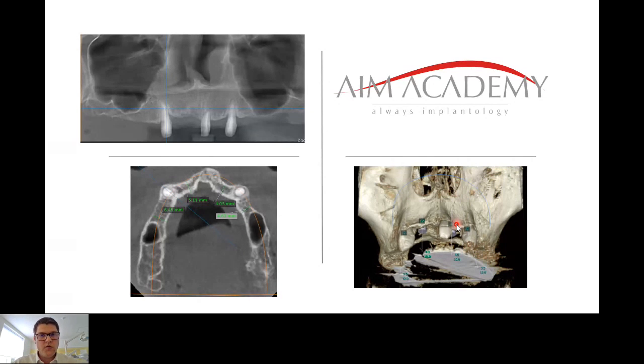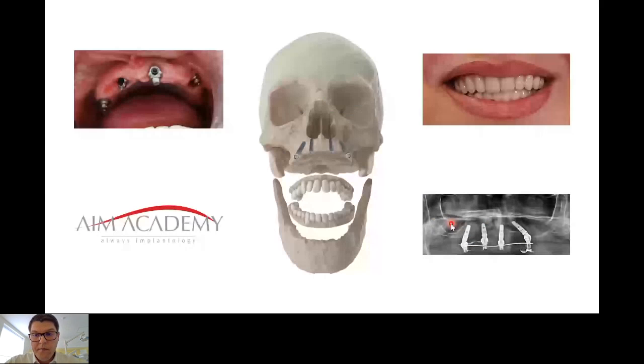Male patients usually will have a higher biting force, so we'll put 6 implants. In female patients, the biting force is not so high, and especially if there is a removable denture on the mandible, for example, the biting force will not be so powerful. So in this case, I chose 4 implants.